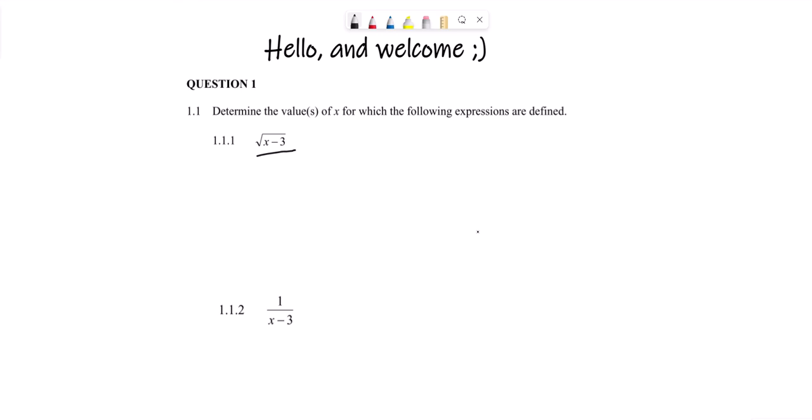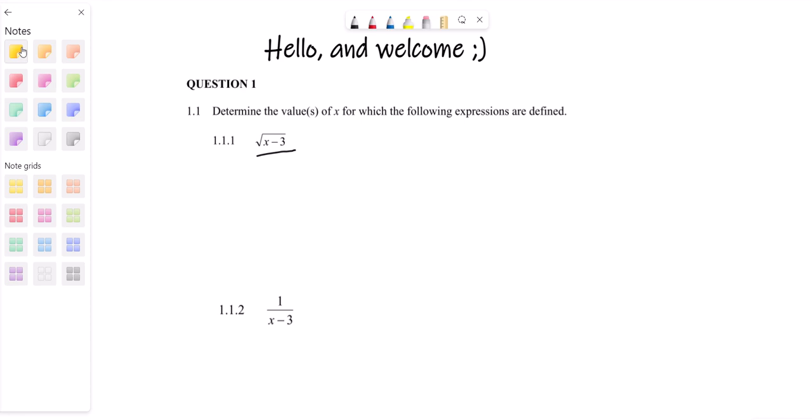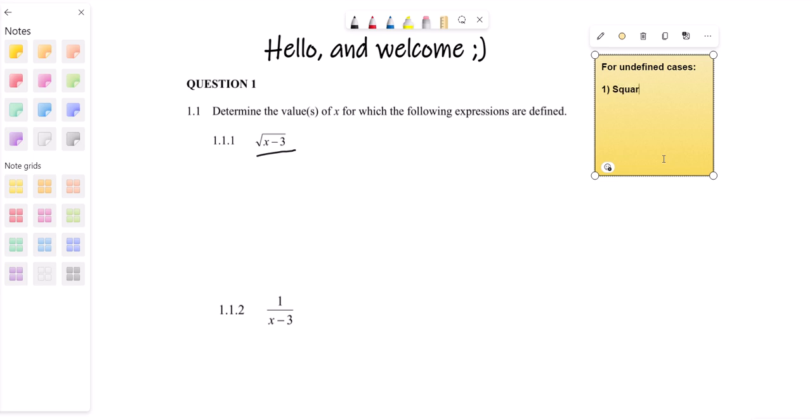So for defined cases, let me create a note. Let me bring it here so that you can see. Let me type for undefined cases. Number 1, the square root of a negative.